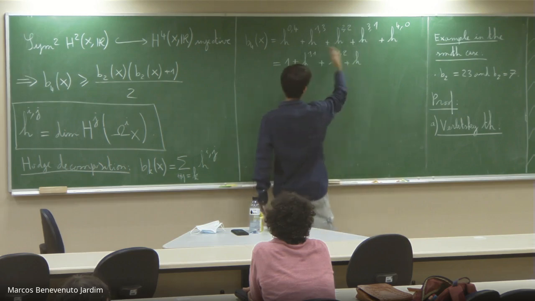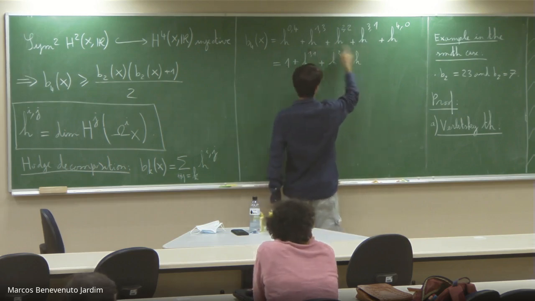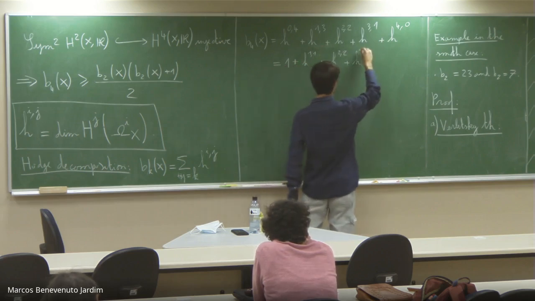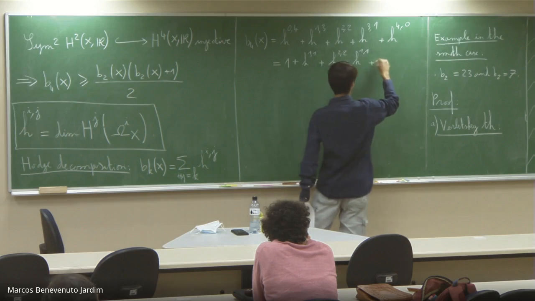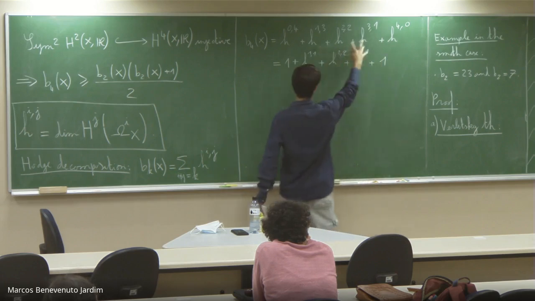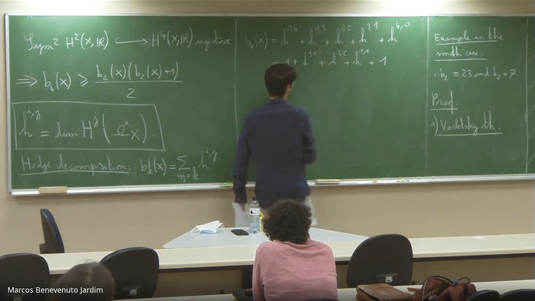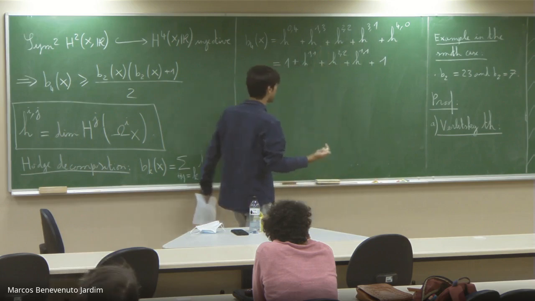Actually, it's always symmetric, so this one is always equal to this one. These are general properties of the Hodge numbers. The fact that this one is the same is only in the symplectic case.